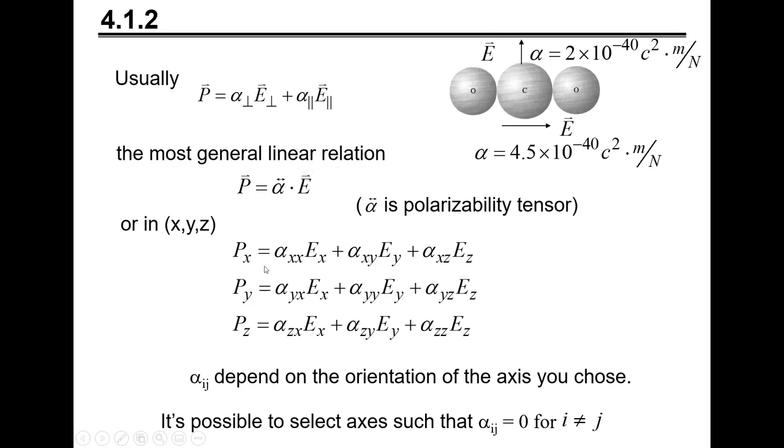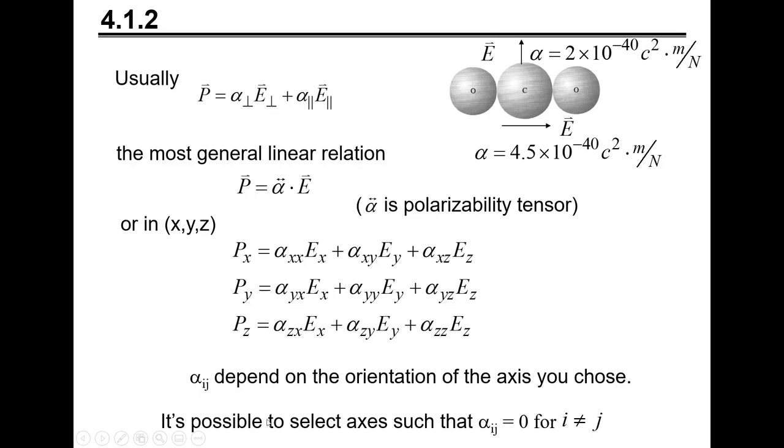So we have this one, P sub x, P sub y, and P sub z. Now take note that these 9 constants here, alpha xx, alpha xy, alpha xz, and so on, constitute the polarizability tensor. And it is dependent on the orientation of the axis that we choose.